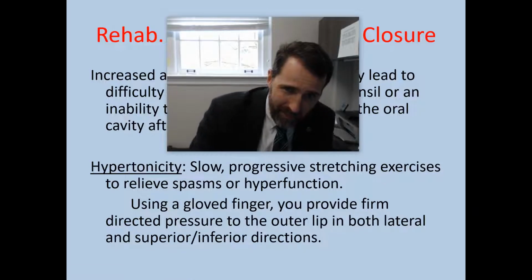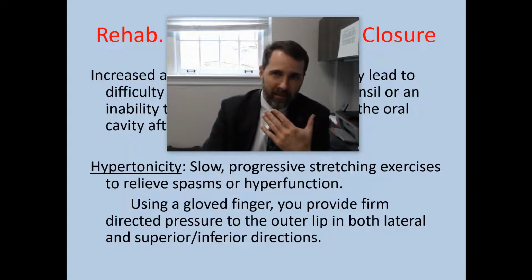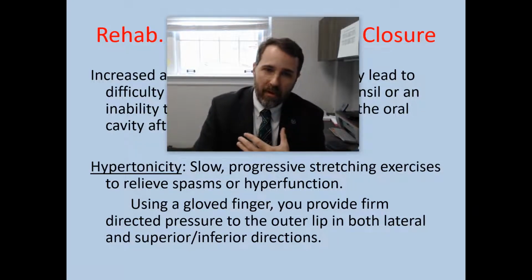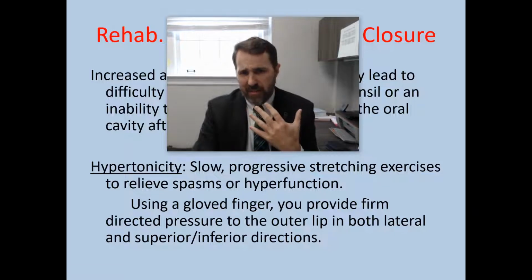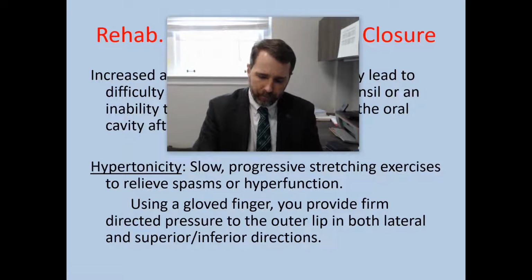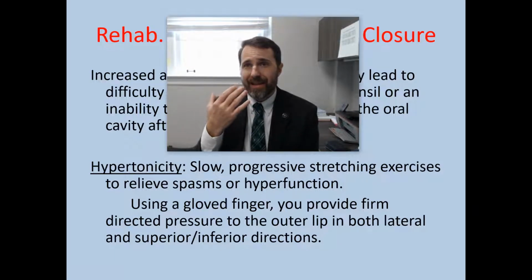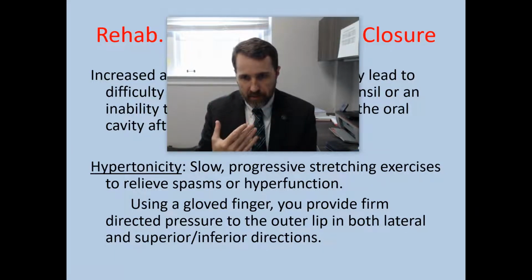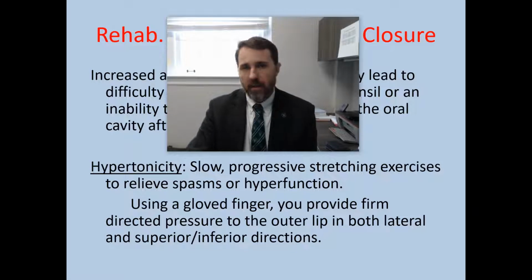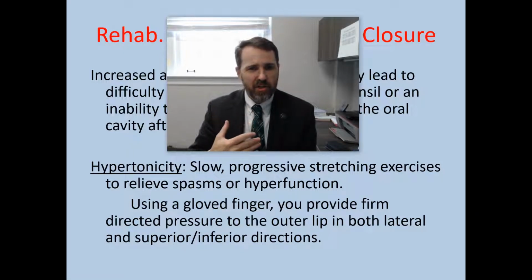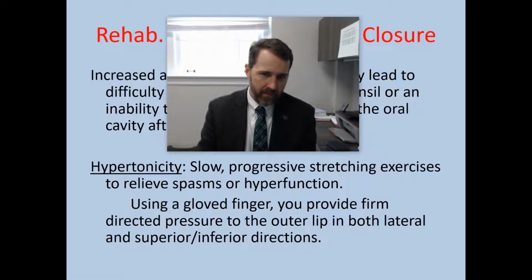So if you have a patient with a weak labial seal that's the outcome of the lips being too spastic and hypertonic, then you're going to want to come at the lips and relax the lips. So, slow range of motion stretching exercises.